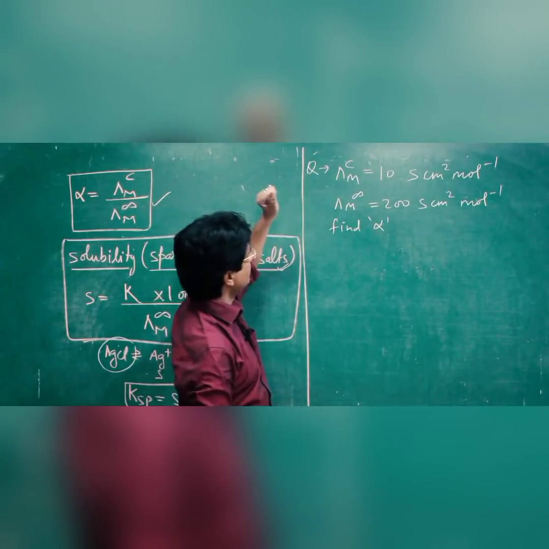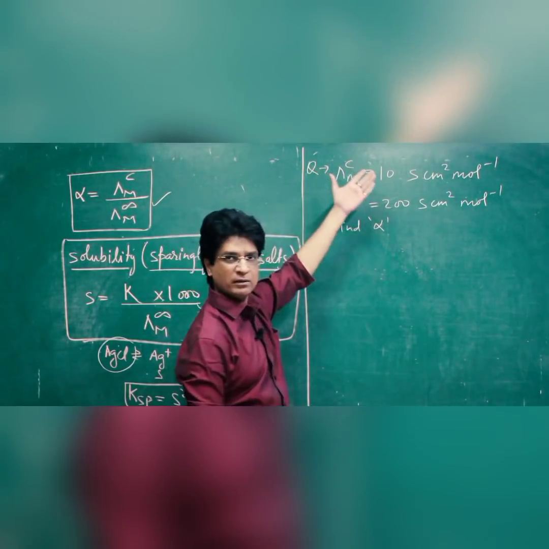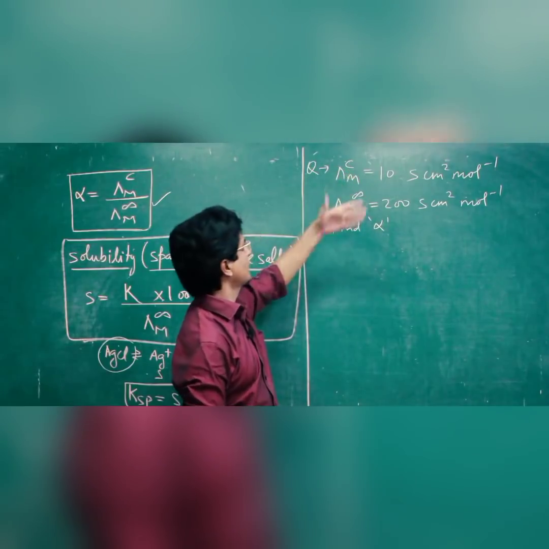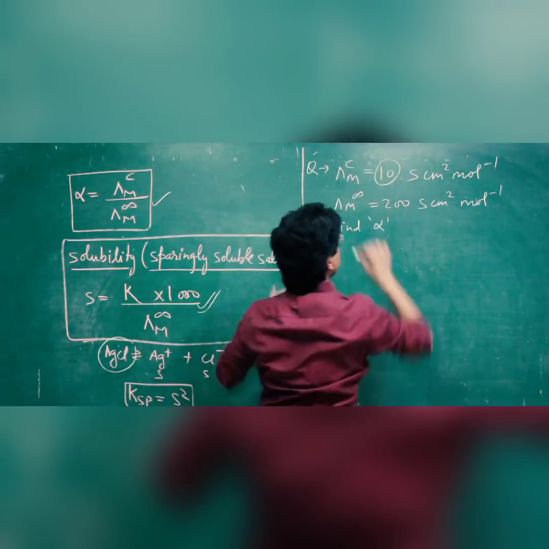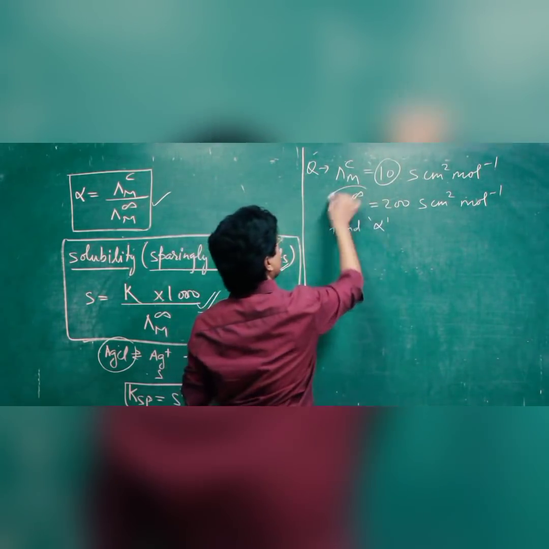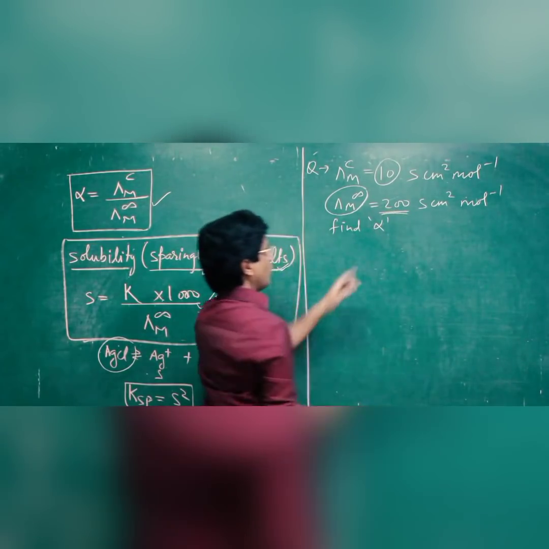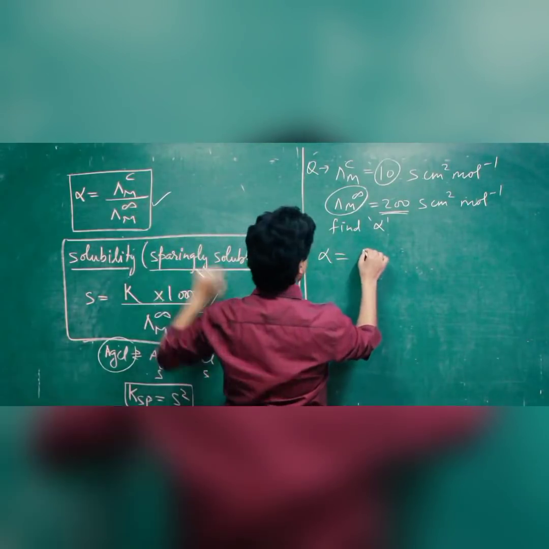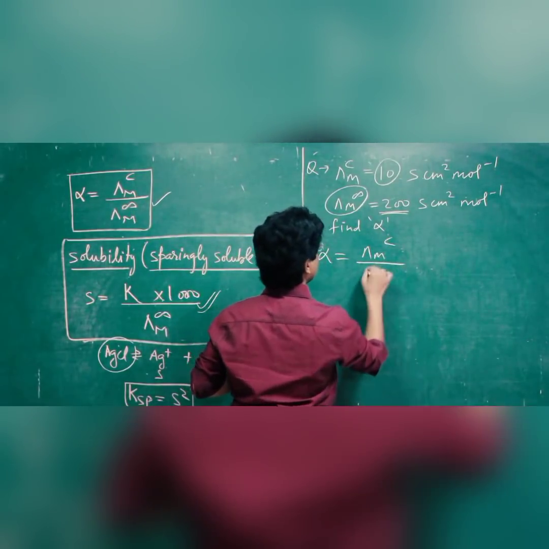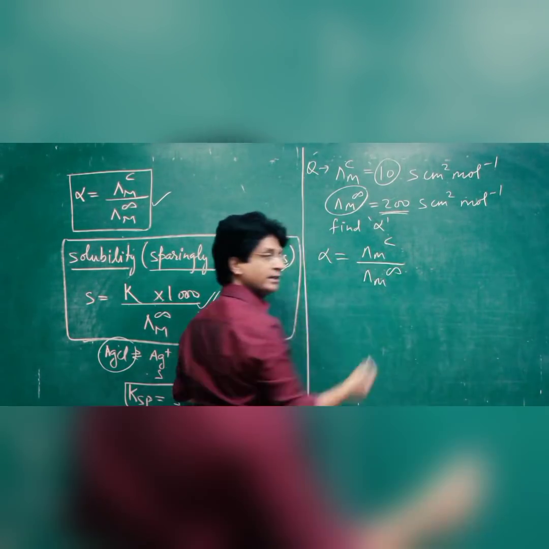So in this question they have given that for a given salt or an acid or whatever, molar conductivity at a given concentration is 10 Siemens centimeter square per mole, and that at infinite dilution is 200. Now what will be alpha? It is directly a formula based question, so alpha will be molar conductivity at given concentration upon molar conductivity at infinite dilution.